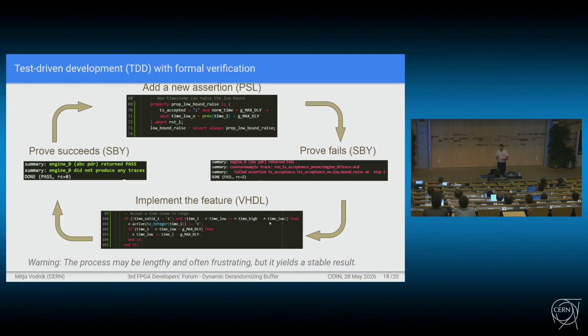This would be the workflow: add an assertion, the formal verification fails, implement the feature until it succeeds, and repeat until it's finished. This can be a bit frustrating, but in the end, you get a very stable component that is already regression tested.